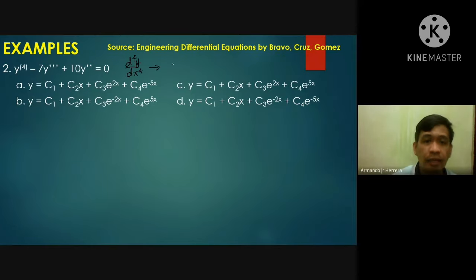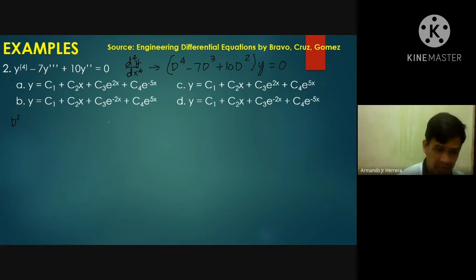So which can be written as d to the fourth. Rewrite na lang natin. Minus 7d cubed plus 10d squared. So second derivative yon. Y is equal to 0. So from there, this is our d operator, d to the fourth, that whose factors are d to the second, kasi ang common natin ay d to the second.